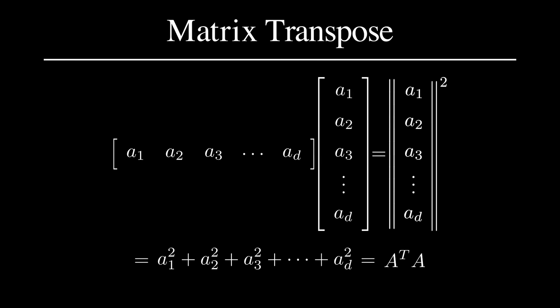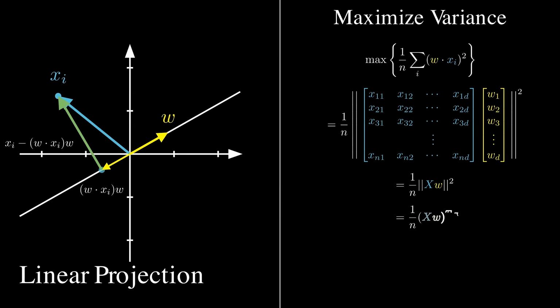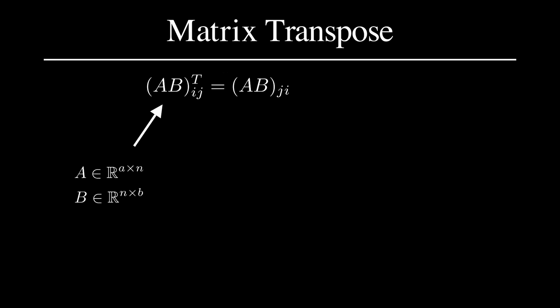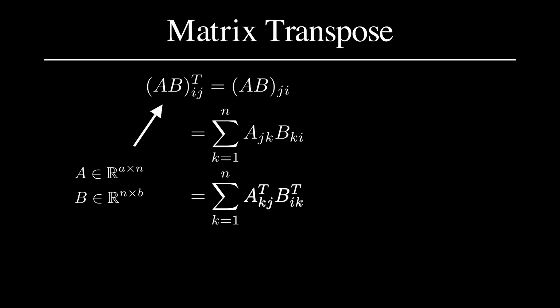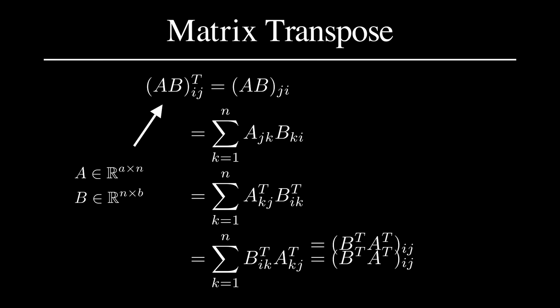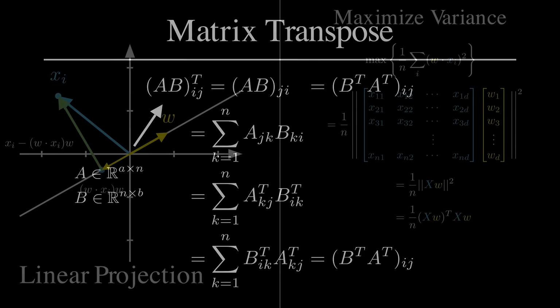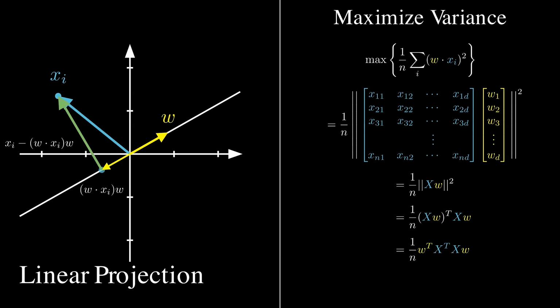Well, that's just equal to (Xw) transposed times Xw. What next? Well, a property of transposes is that when we take the transpose of a matrix product, then it's the same as taking the transpose of the individual matrices while reversing the multiplication order. This turns the transpose of Xw into w transpose times X transpose.